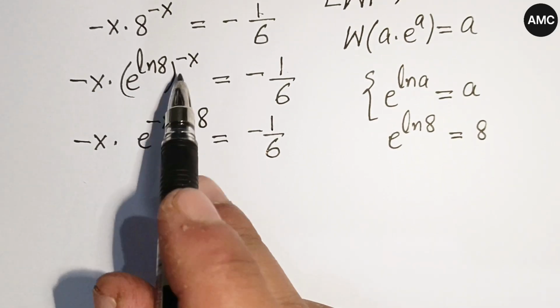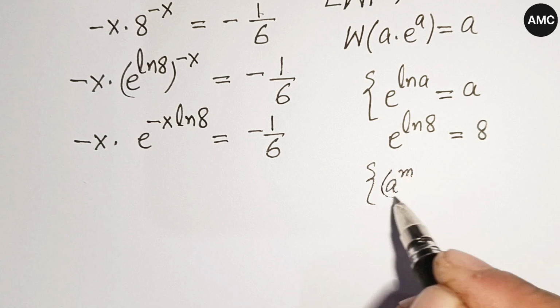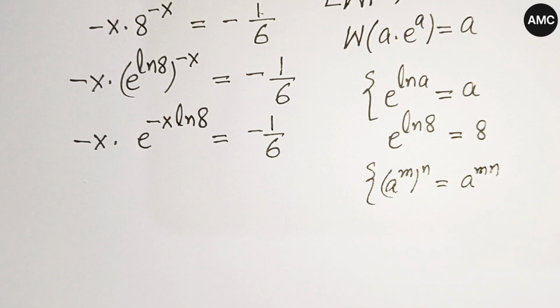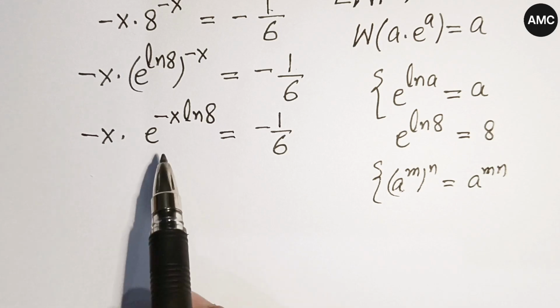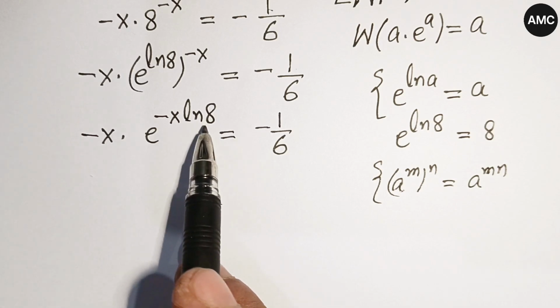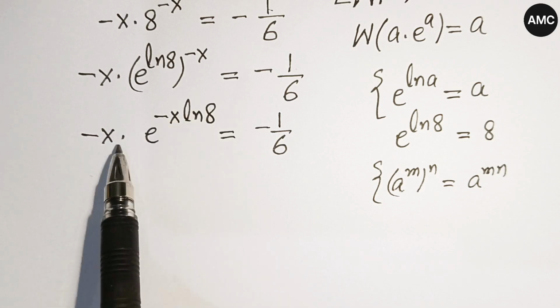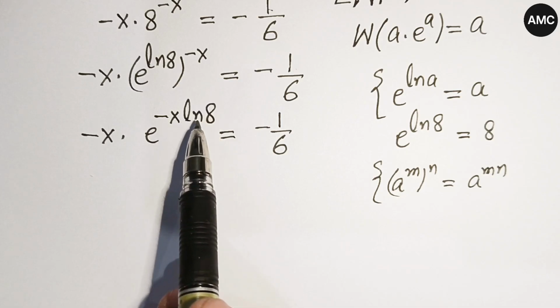Here we use the property that a to the power m, whole to the power n, is equal to a to the power m times n. Now we have minus x times e to the power minus x natural log of 8. As we have to make this exponent and this expression the same, we have minus x but we don't have the natural log of 8.